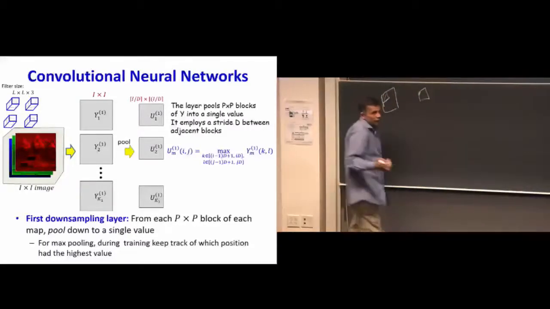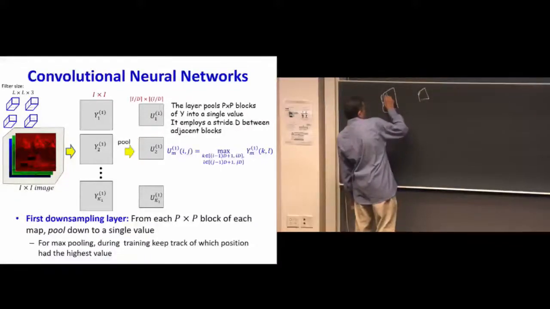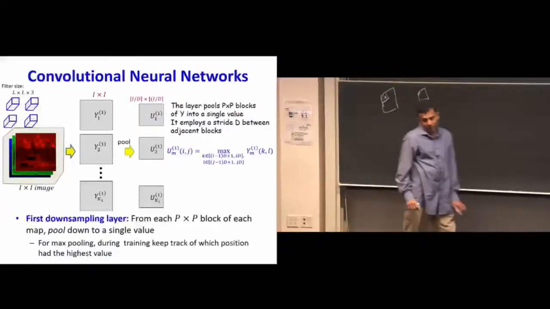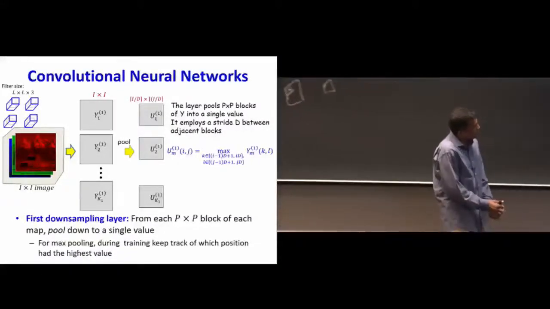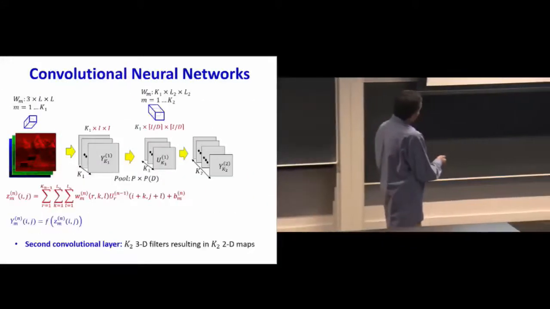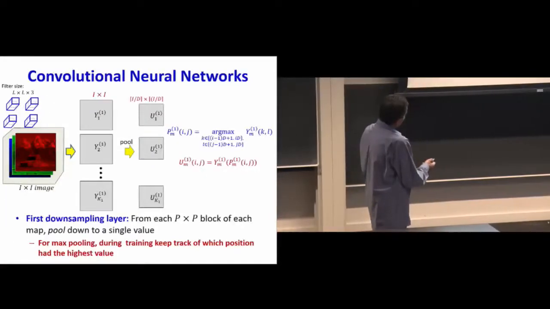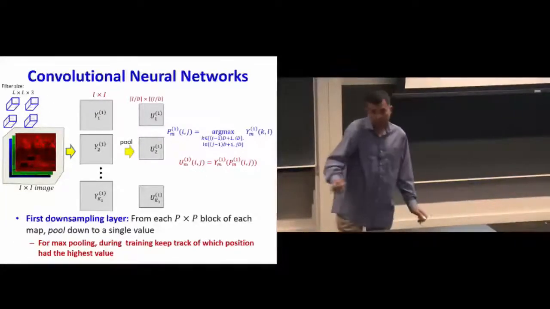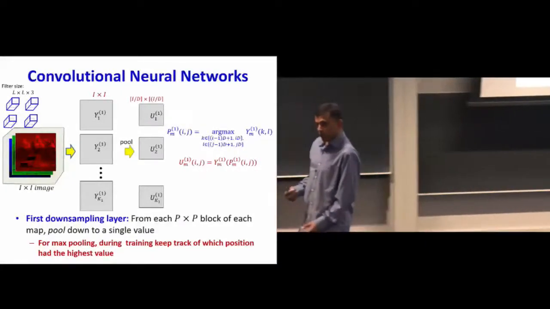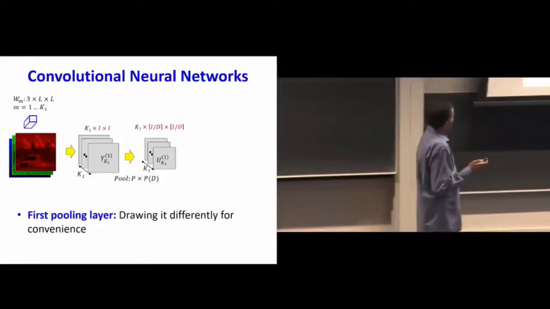I will think of it as a 2-step process. In the first step, I find out which position was the max. That is the P over here. And then subsequently, I'm going to read the value at that position. So I'm thinking of this as a 2-step process, and we'll see why this matters.